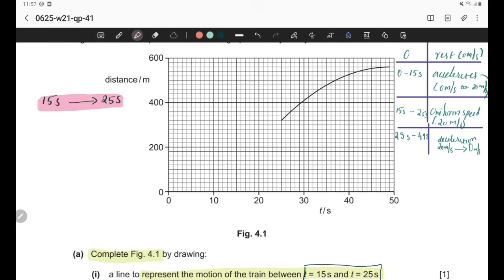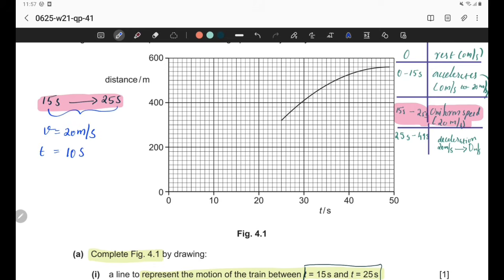In between 15 seconds and 25 seconds, the train is moving with a uniform speed, and that is 20 meter per second. So during this time interval, the speed is 20 meter per second, and the time taken from 15 seconds to 25 seconds is 10 seconds.